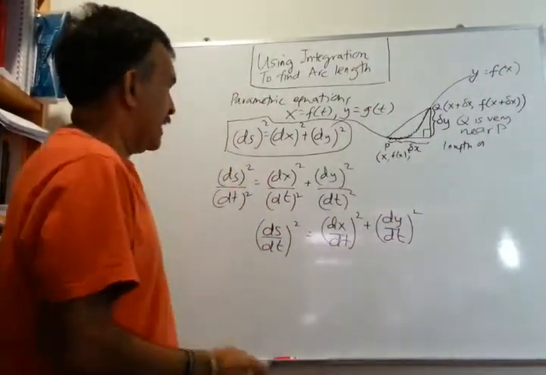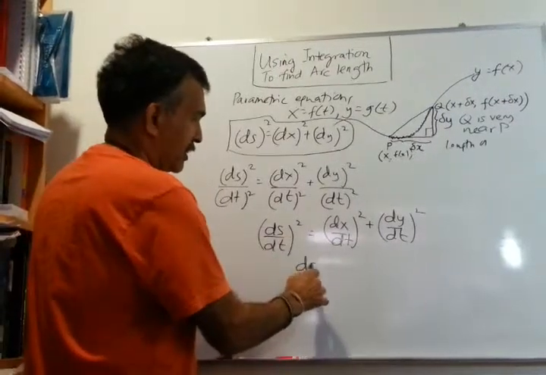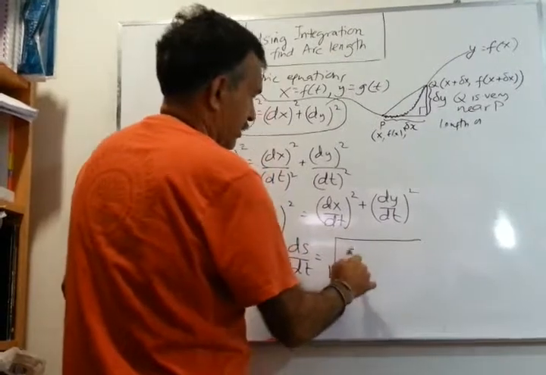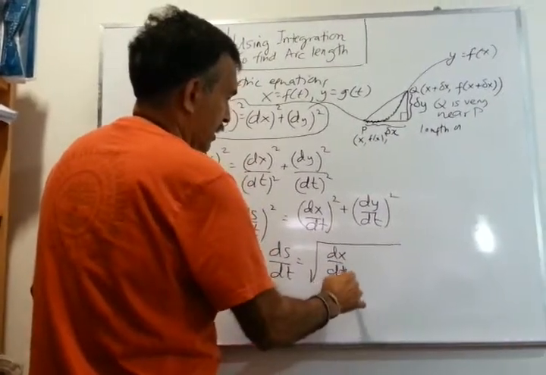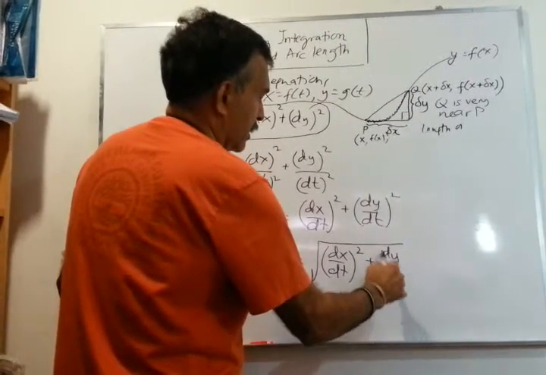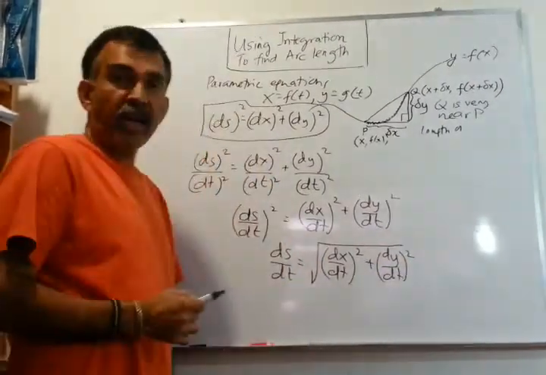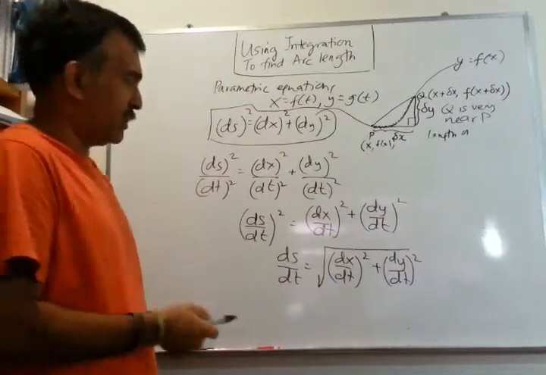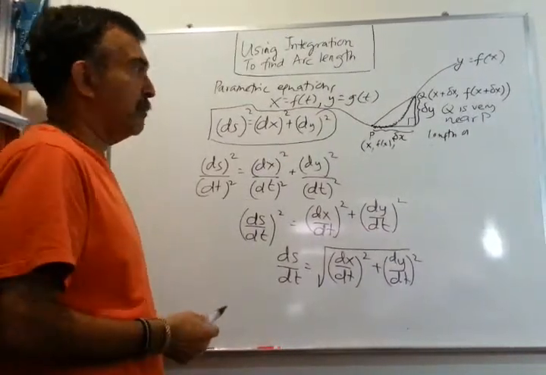Take the square root: ds/dt will be equal to the square root of (dx/dt) squared plus (dy/dt) squared. So if you want to find the arc length, we need to bring the dt up.